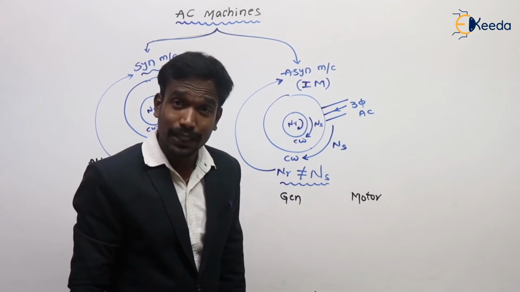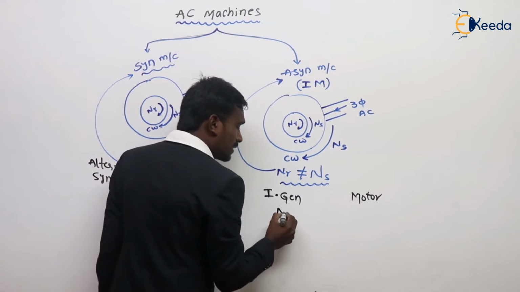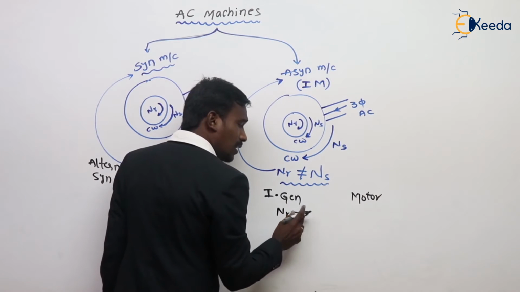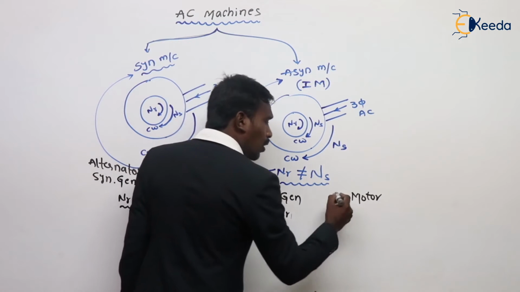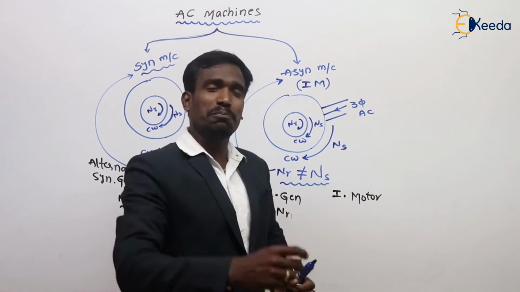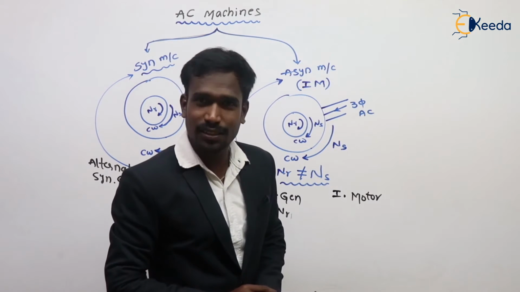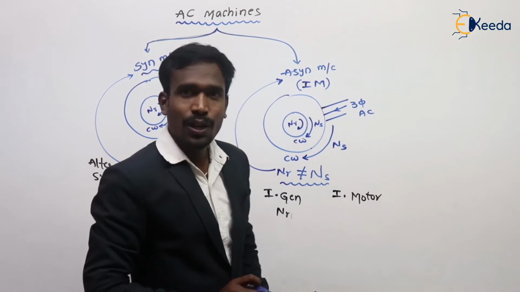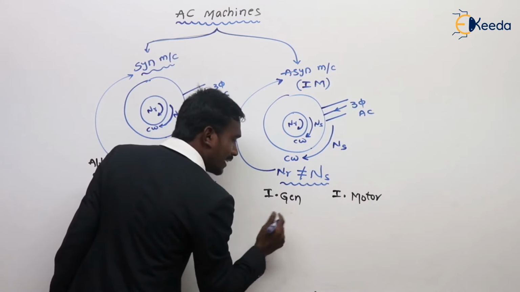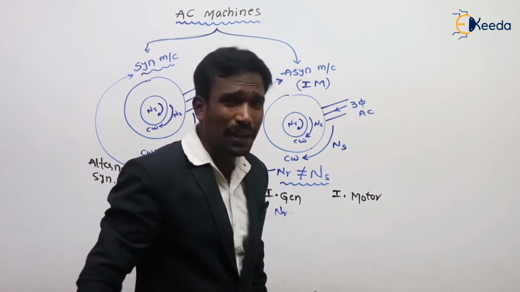But in an induction generator, what is the rotor speed? And in an induction motor, what is my rotor speed? You know, we already discussed it. In an induction generator, the rotor speed is not equal to synchronous speed.